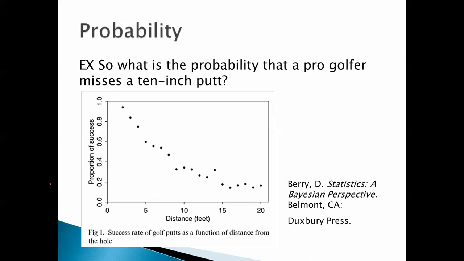So again, getting back to the example we saw earlier, what is the probability that a pro golfer misses a 10-inch putt? One statistician analyzed this, looked at the success rate of golf putts as a function of distance from the hole. The x-axis tells you the distance in feet. The y-axis is the probability of success.